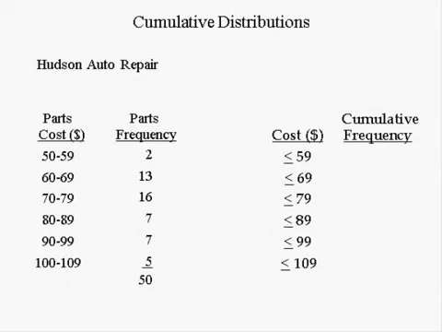The cumulative frequency distribution shows a number of items with values less than or equal to the upper limit of each class. The cumulative frequency of interval 50 to 59 is the frequency of invoices with parts costing at most $59, which equals 2.